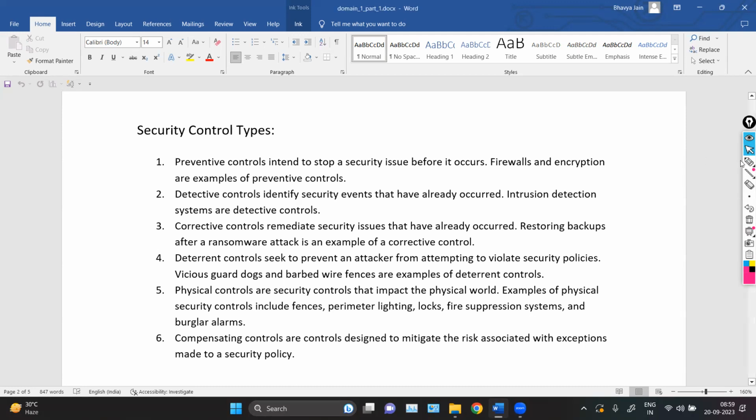So in place of your data, the attacker is asking for some ransom, which is money. If you pay the money, the attacker will provide a key to restore your data. If you are not paying the ransom, the attacker will remove all your data. So that is a kind of ransomware attack. We will discuss this in detail later.